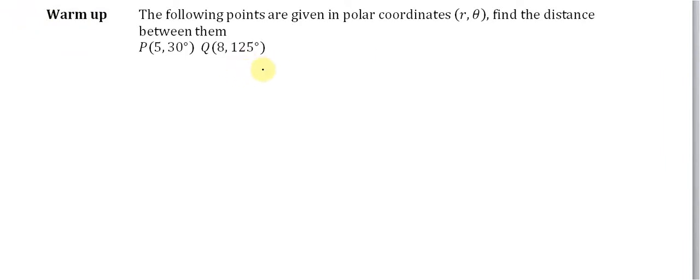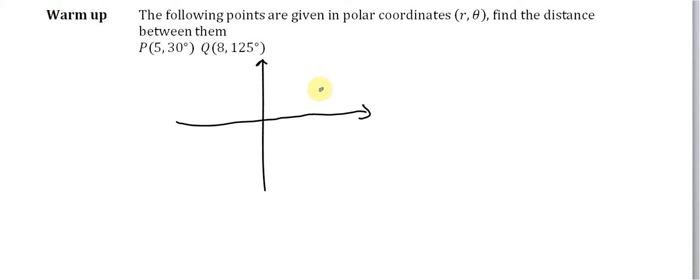So let me just start out by sketching out these points here. If we have an XY coordinate plane, our first point here, (5, 30), would be right here, by a little bit of estimation. So you go out 5, and this angle here is 30 degrees, right? And then in XY, in rectangular coordinates, to find the exact location of this point isn't too hard.